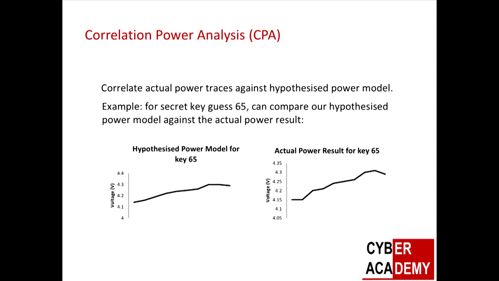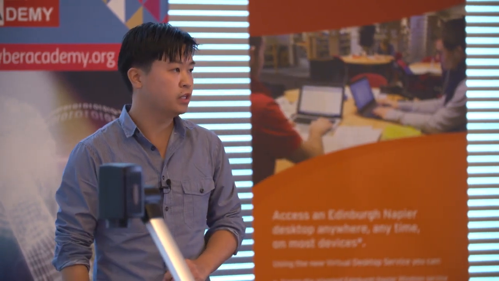And what we would do is compare our hypothesized power model against our real-life power traces for each of the key guesses possible. So this would be the hex values in the range of 00 all the way up to FF. Naturally, the hypothesized power model which most closely matches our actual power model will be our correct key guess.